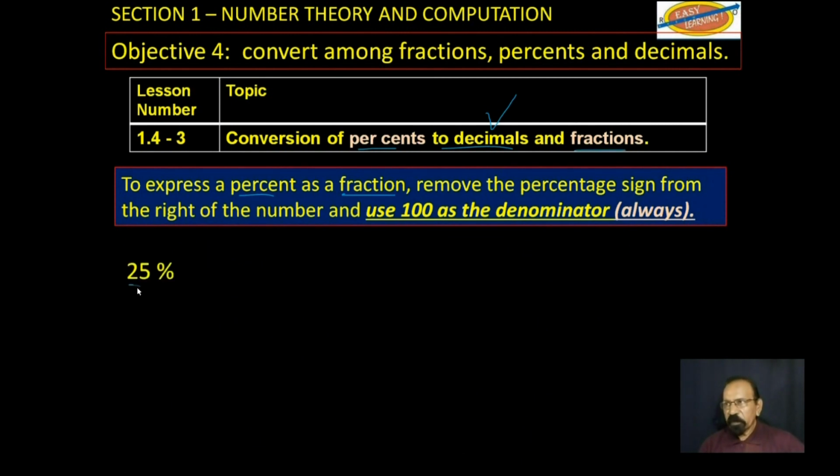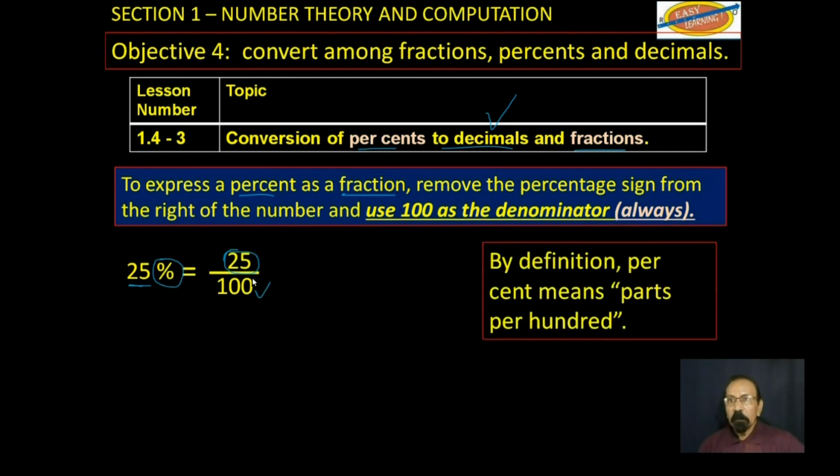25%. So to carry 25% to a fraction, you write 25 over 100. By definition, percent means parts per 100. So if you say 25%, you are saying 25 parts per 100. That is the standard.